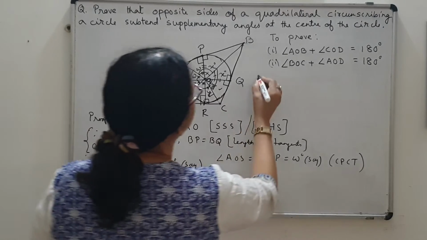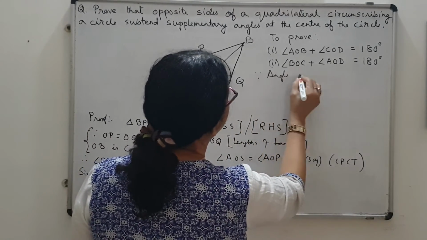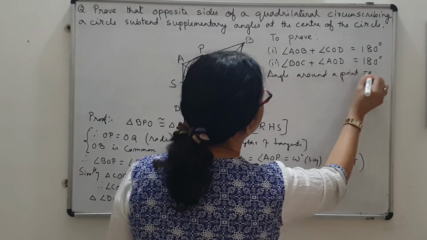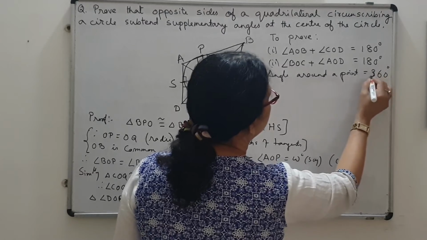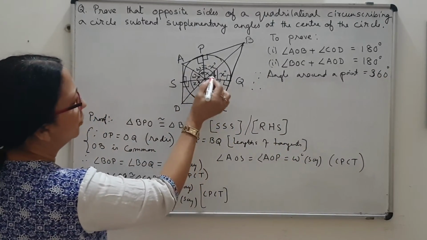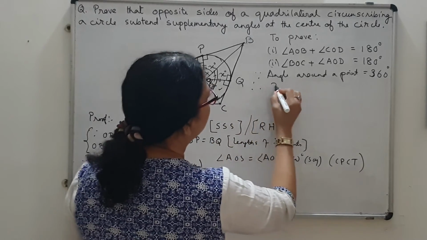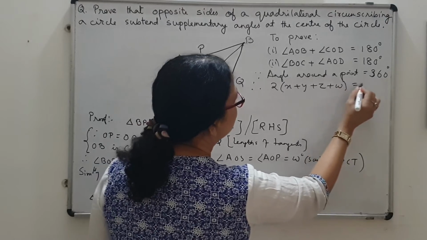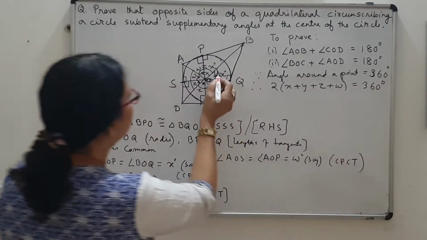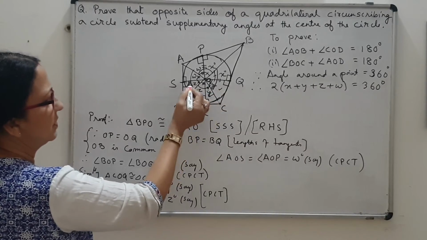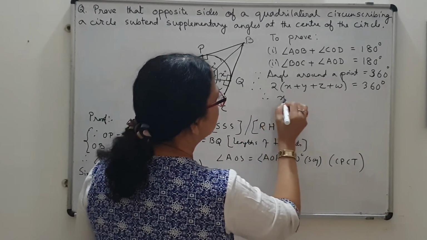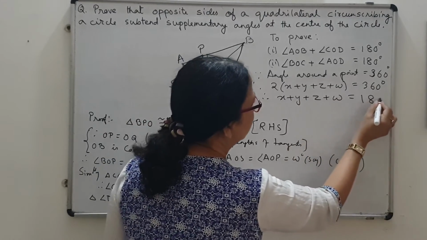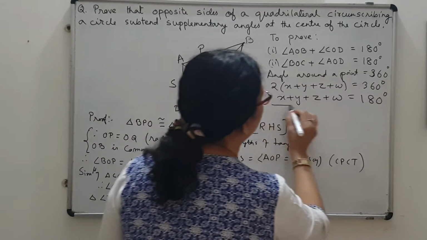So, since angle around a point is 360 degrees, therefore if I add 2x, 2y, 2z, 2w, so twice of x plus y plus z plus w is 360 degrees. Understood? I have added twice x, twice y, twice z, twice w, or x plus y plus z plus w is 180 degrees. So I got this. Now from this one only I can prove these two.